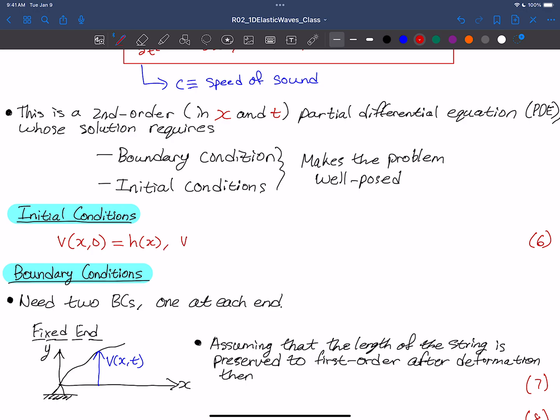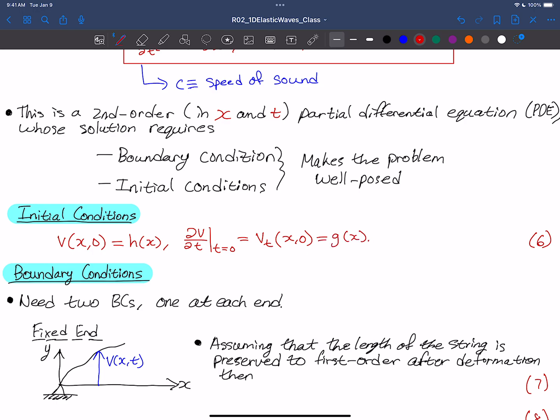Then v, in fact, partial v over partial t evaluated at t equals 0. And I'm going to introduce a new notation here. We're going to use the subscript t to define a derivative with respect to time, and then we'll use later on a subscript x for a derivative with respect to space. And then we'll say that this is equal to g of x.